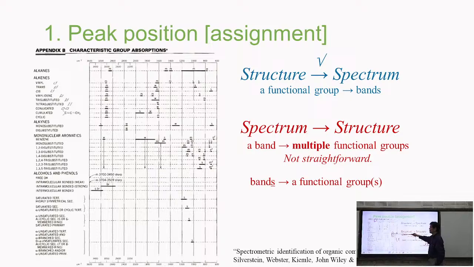If the second possibility is true, a doublet peak should appear here. If you judge structure from a single peak, it's not safe. Please consider other features at other peak positions. If all the peaks support one structure, it's more plausible. So please get into the habit of checking multiple bands to conclude the molecular structure from the spectrum.